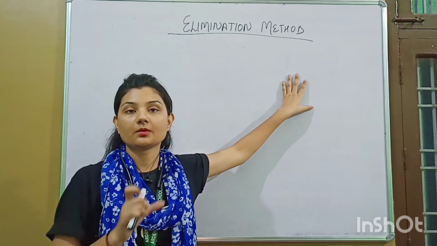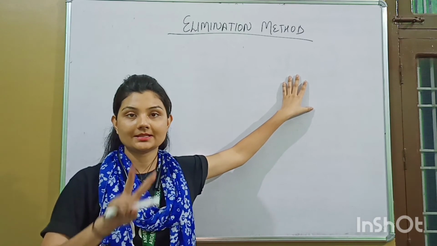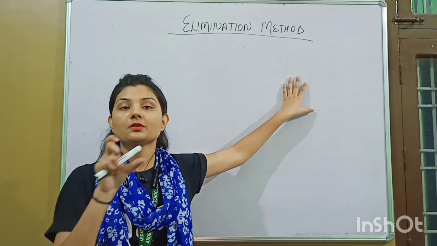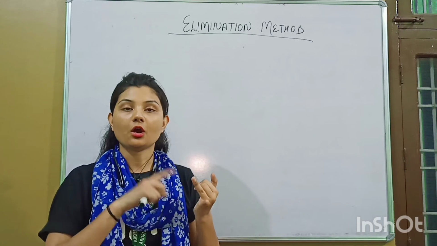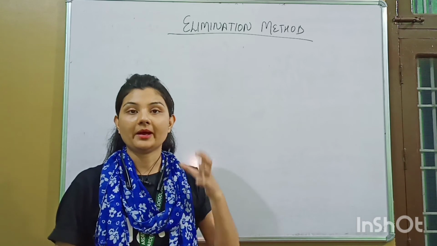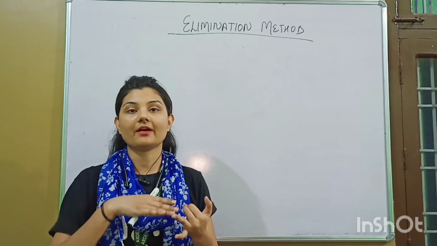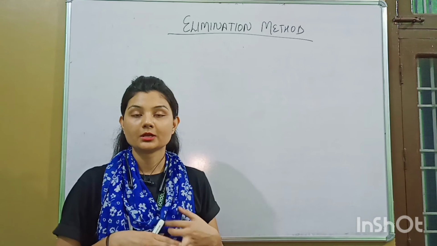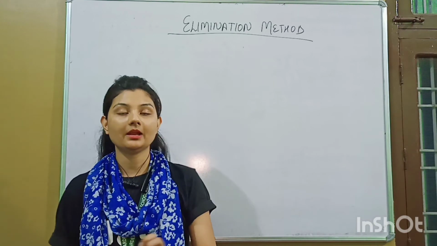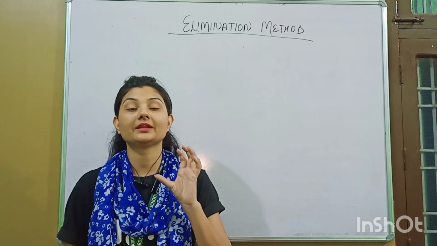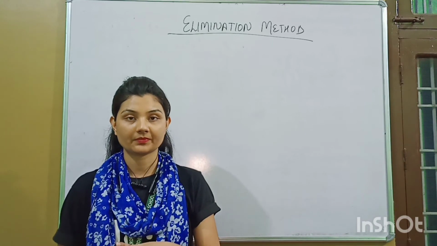Suppose the linear equations are made up of two variables, x and y. So our first work will be to remove x or y from the equation, so that we get only a linear equation in one variable, and we will find the value of that variable from this equation.